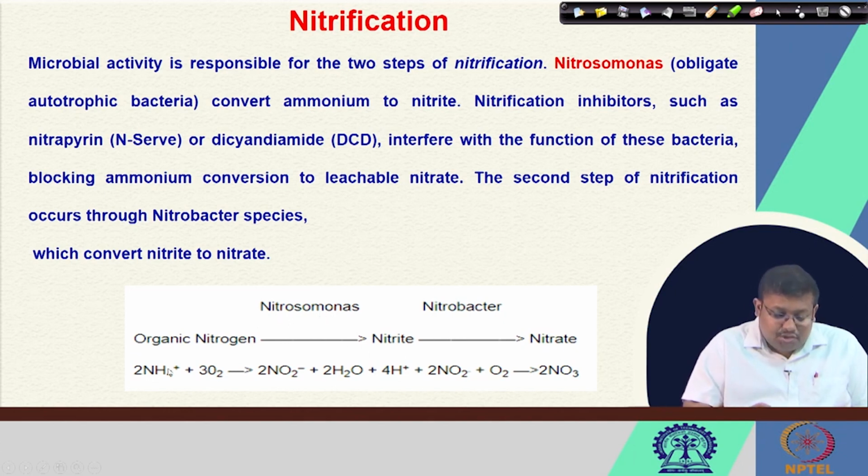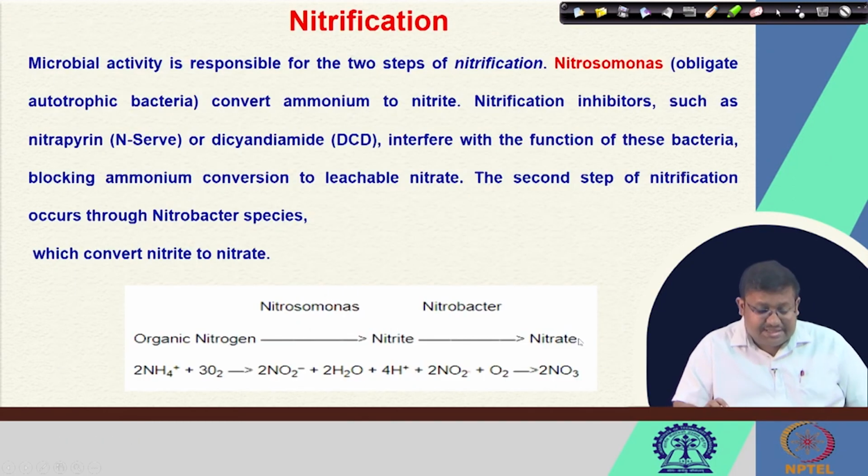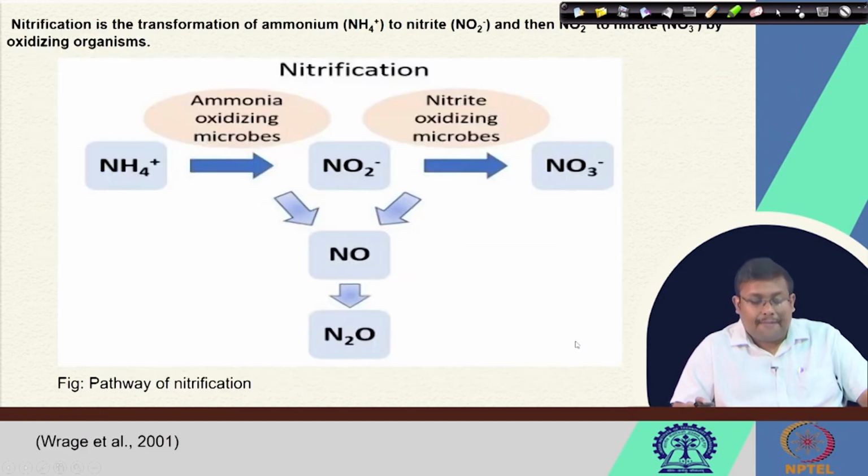So, this ammonium plus 3 molecules of oxygen ultimately converts into nitrite, releasing 4 protons, and ultimately it gets oxidized to nitrate. So, this is the nitrification process, and you can see that this nitrite is an intermediate and very short lived, which gets immediately converted to nitrate.